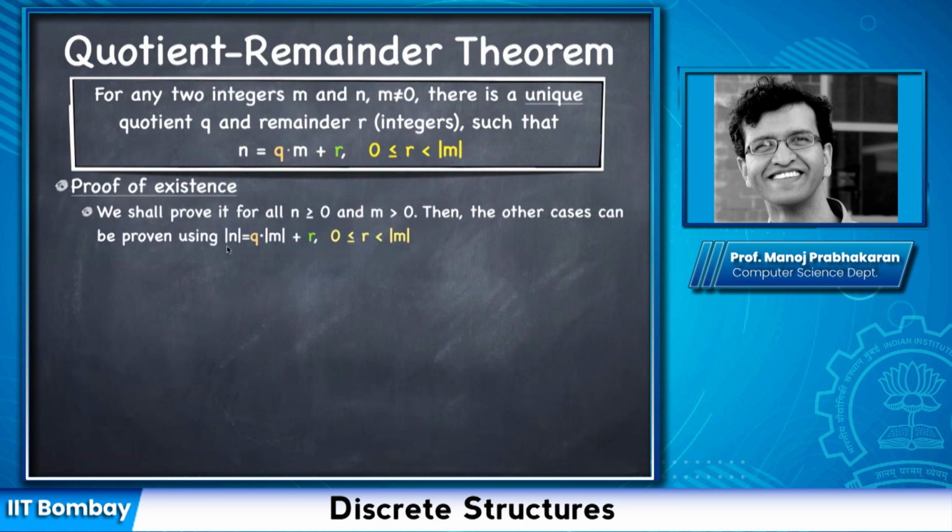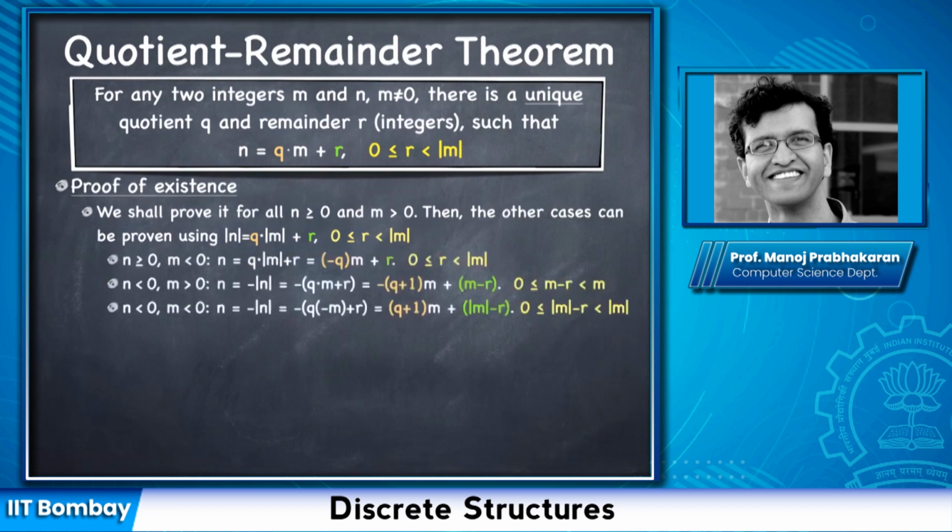You can apply the theorem for the non-negative version of n and m, and then from that, how do you derive it for the other cases? So here, let me quickly go over it. If n is still non-negative, but what if m is negative? Well, then it's easy.